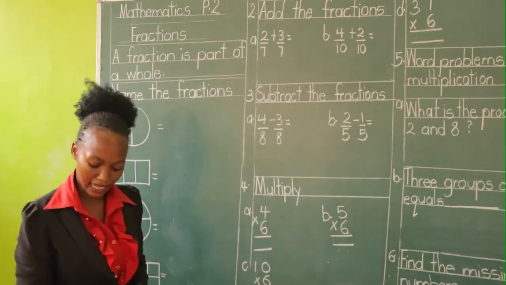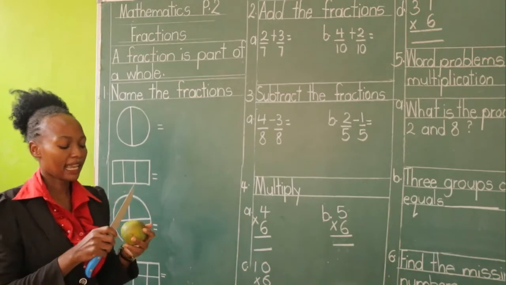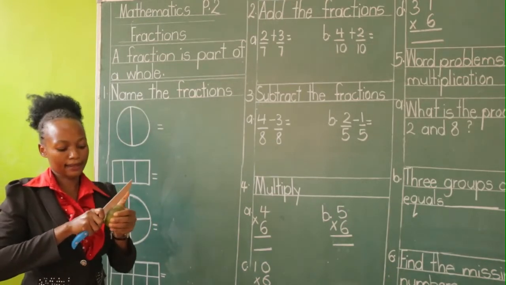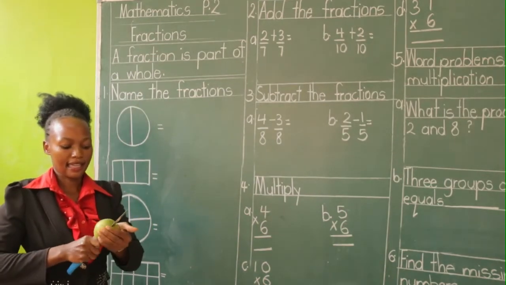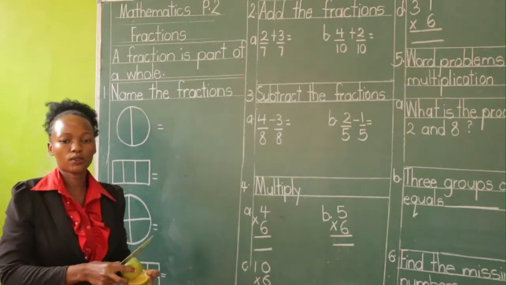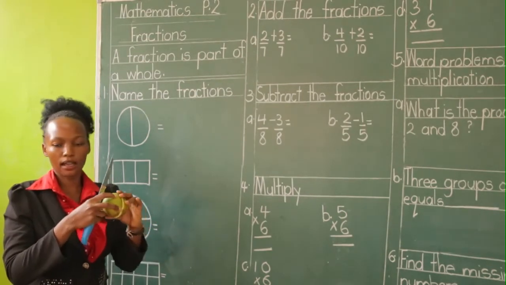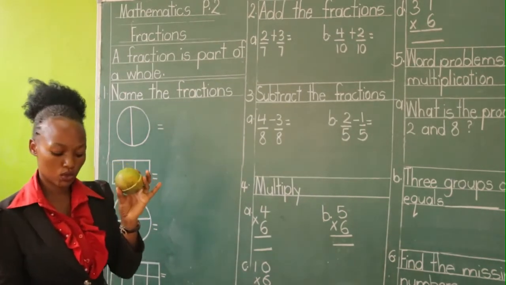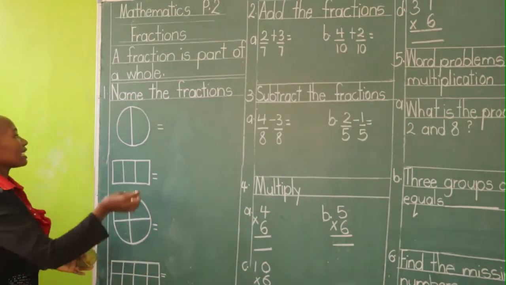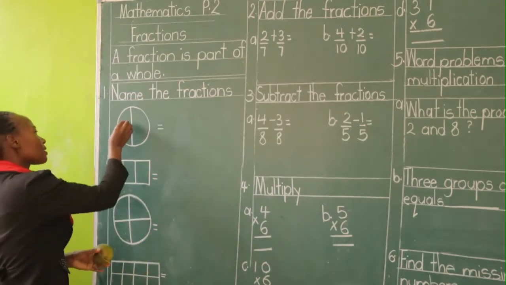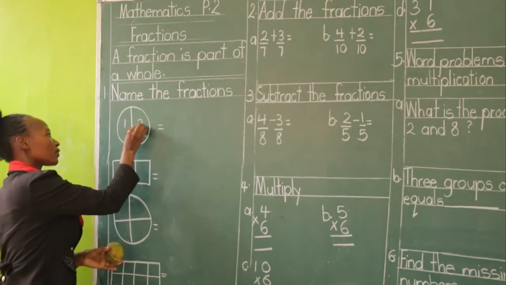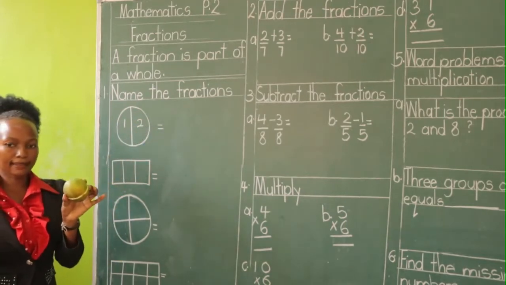When I get my knife and I cut it into two parts like this, I get my two parts. This one was a whole, I've cut it into two parts. 1, 2. These are the two parts.